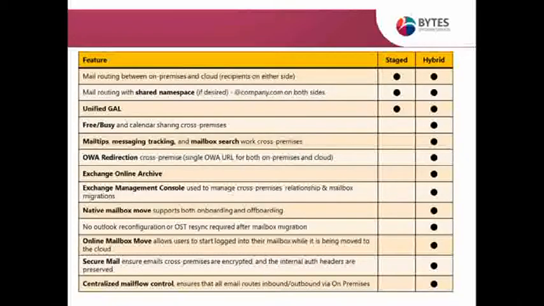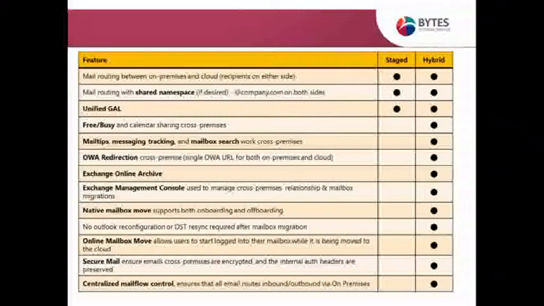So what do we get and what don't you get with the two options? So you've got the staged and hybrid. So staged was pretty much what I was saying just a while ago. It's really a case of you just flicking over the mailboxes from on-prem straight into the cloud as quickly as you possibly can. And you can see there that whilst that may work for a small company, it doesn't really scale very well for a larger company.